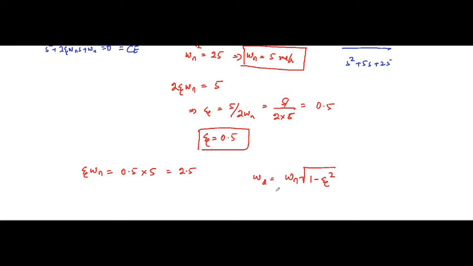So it will be equal to 5 into root over of 1 minus 0.5 square. If we calculate it, it is coming around 4.33 radians per second. That is the damped frequency of oscillations.